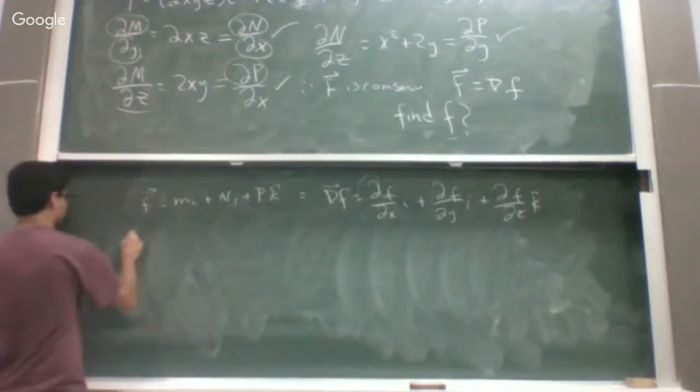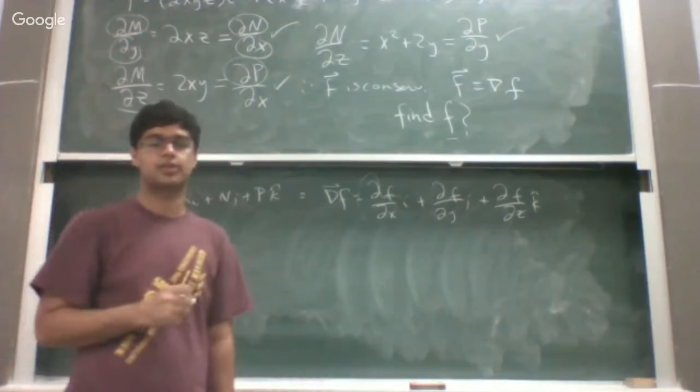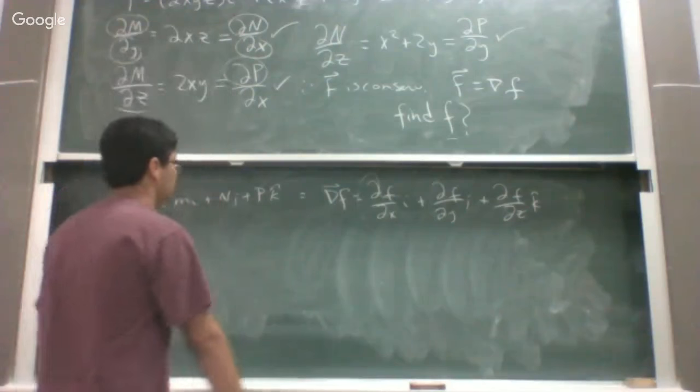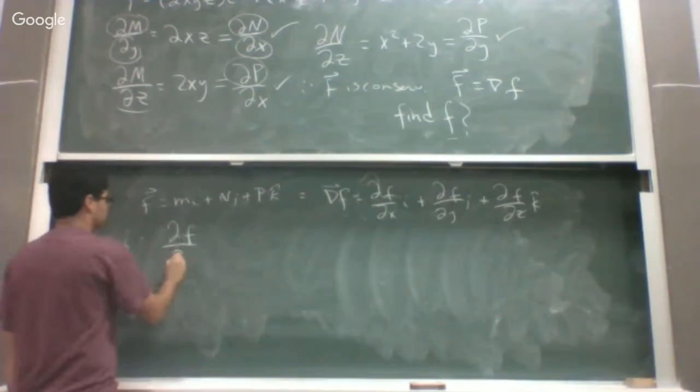So first we look at the i component, right? The i component of the gradient of f is the partial of f with respect to x, right?